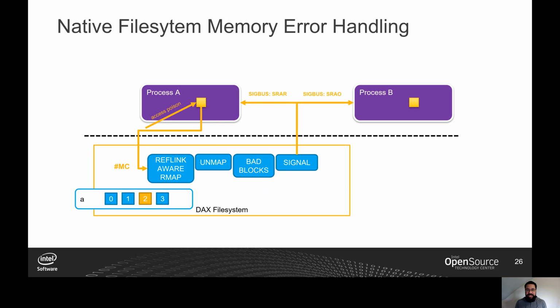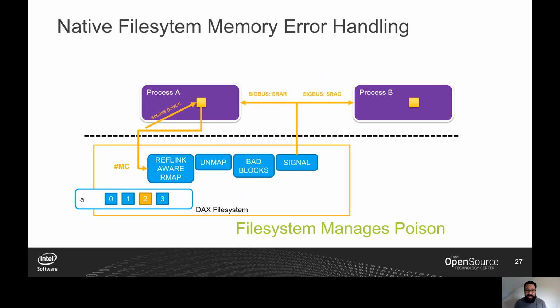The SIGBUS probably needs to stay there to get the application to terminate, but once you can identify files that have accessed poison, I think it would be useful to have other facilities to notify the application this file had the problem versus this address, and clean some of that up. So that's quite a bit of work to get rid of DAX's dependency on page mapping and page index.